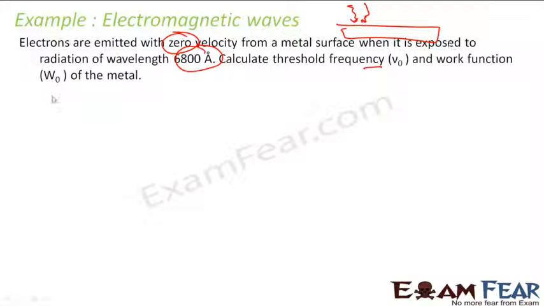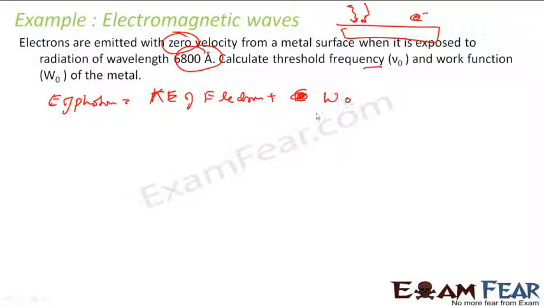So I can say energy of photon is equal to kinetic energy of the electron that comes out plus the work function of the metal, because this is the energy required to remove an electron from the metal.